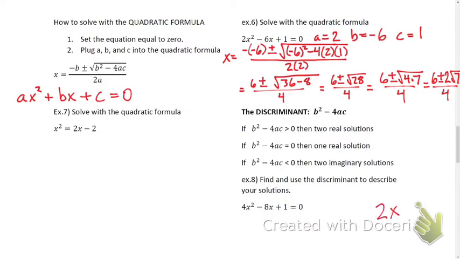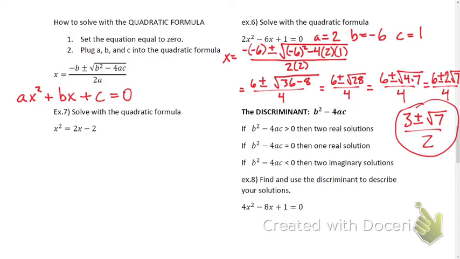Whoops. That 2 square roots of 7, it's like the same as that. So I ignore the 7 for a second, and I want to reduce this fraction. The 2, the 6, and the 2 are all divisible by 2, so I can rewrite this and be done with an answer like this.